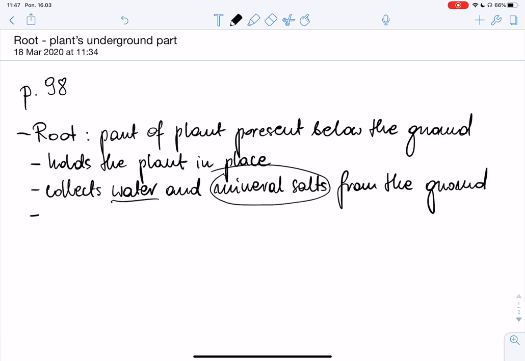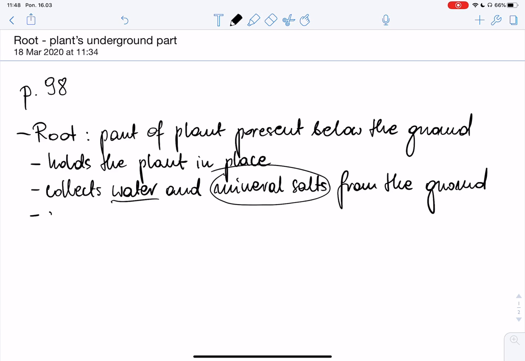In some cases, roots will also serve another purpose, and this is the food storage. So the plant, when it's summer and it's warm and there is plenty of sun, the temperatures are high, it collects chemical compounds from the ground, those mineral salts, but also phosphorus, also nitrogen, and it stores them in the root in order to make it possible for the plant to go back to life when winter is over.